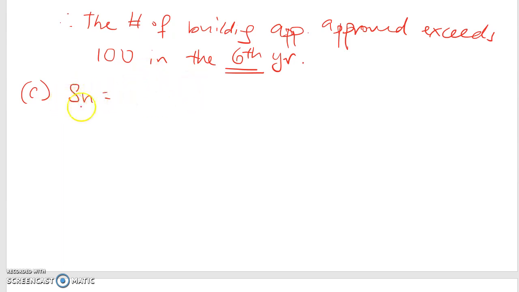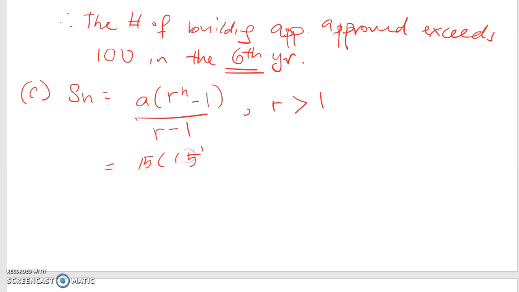So for a geometric sequence, Sn is going to be equal to a times r to the power of n minus 1, over r minus 1. Now, we're using this because in this case, our r is bigger than 1. That's why we're using this equation as compared to the other one where r is smaller than 1. Okay, so in this case, let's fill this up. a is 15, r is 1.5 to the power of n minus 1 over 1.5 minus 1.